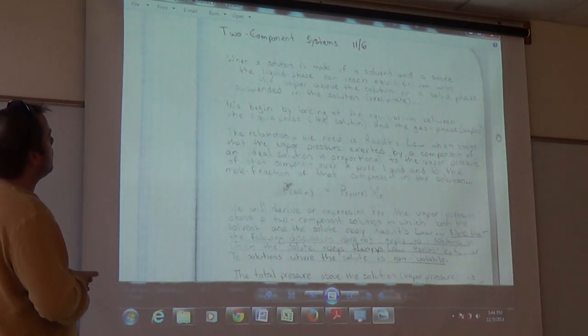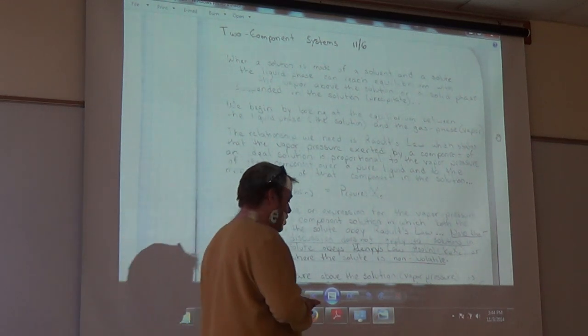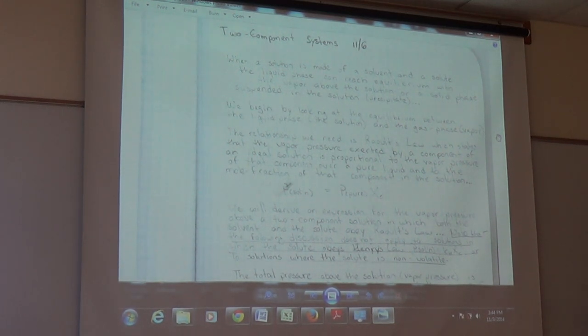So, first of all, let's remind ourselves of what situation we're talking about. We are referring in the rest of this conversation to a two-component system in which the vapor is able to reach equilibrium with the liquid.